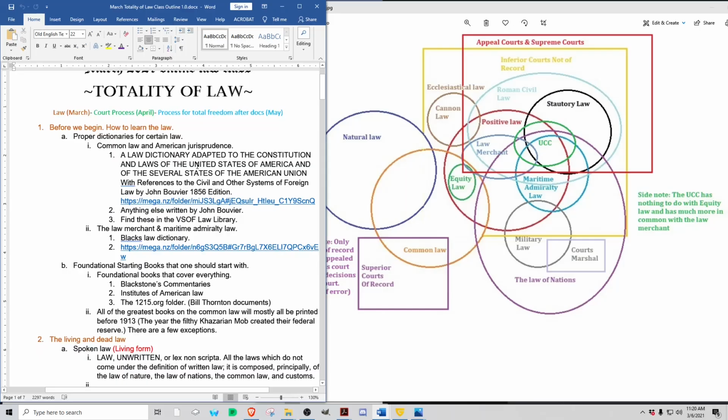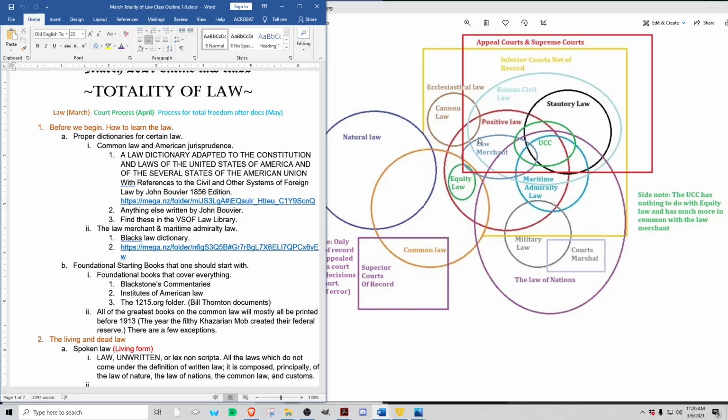So the two major kinds of dictionaries are common law dictionaries and then basically Maritime Admiralty or the Law Merchant. Maritime Admiralty deals with banking and merchant affairs. So this is the turquoise color, if you will. Maritime Admiralty law and the Law Merchant have a lot to do with each other.